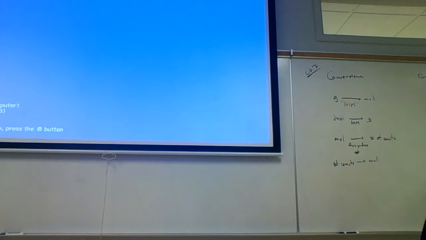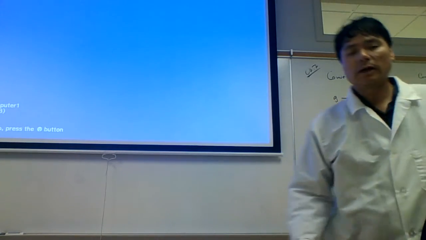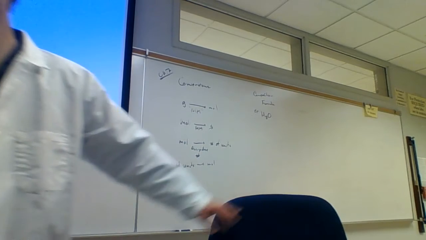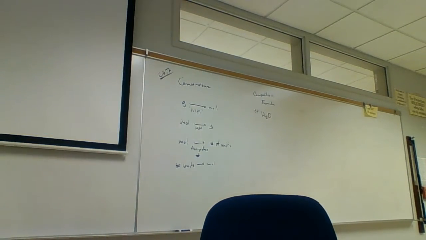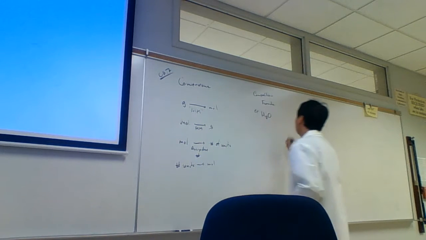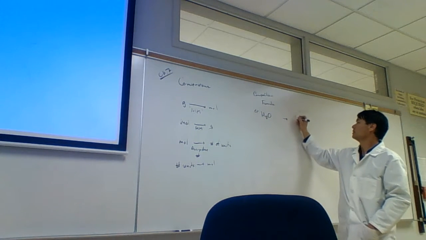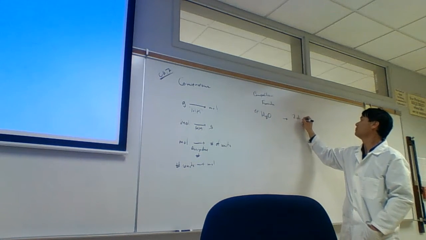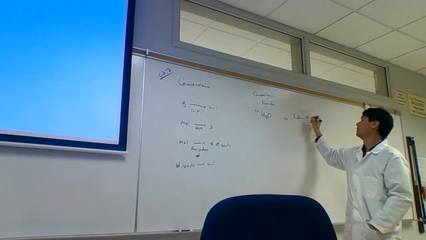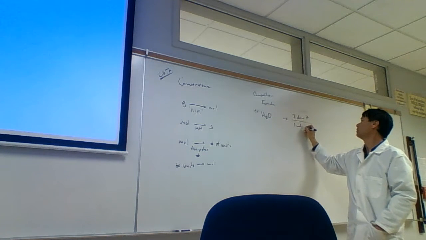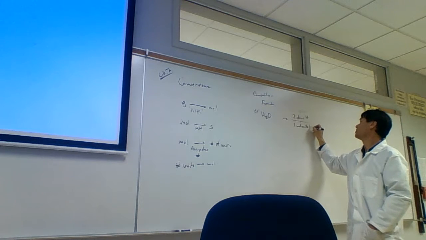An example would be H2O. For H2O, there are a couple of things we can do. So the types of formula conversions we could do are like 2 atoms of H for every 1 molecule of H2O.